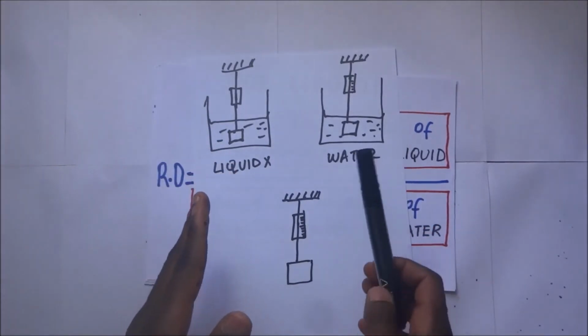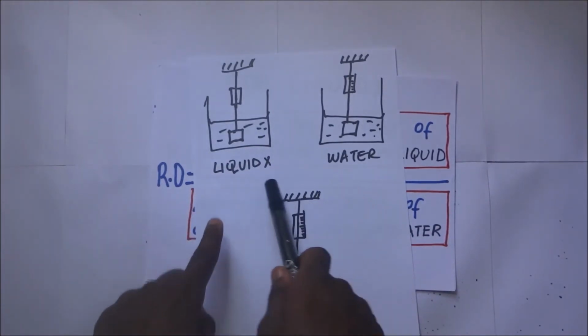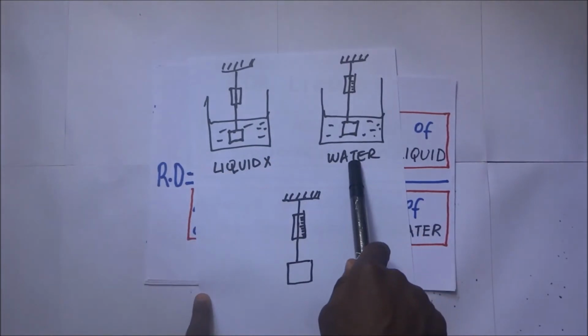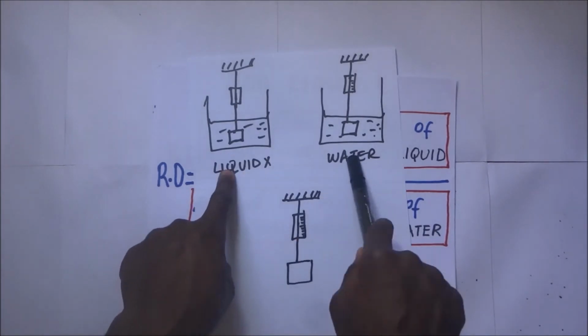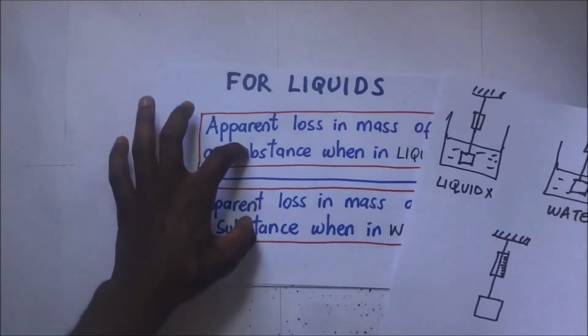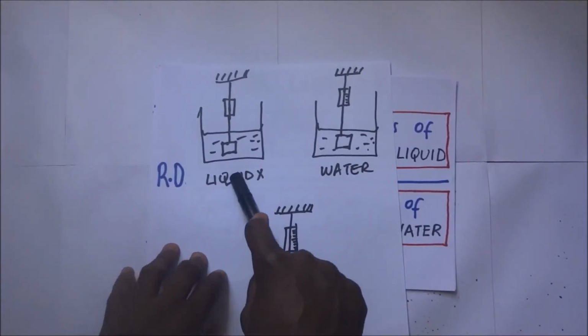We are trying to find the density of this liquid with respect to the density of water. So, besides just getting the density of the liquid and dividing that by the density of water, we can also use this formula. It means that we're going to find the apparent loss.